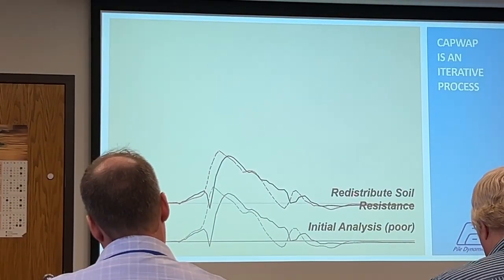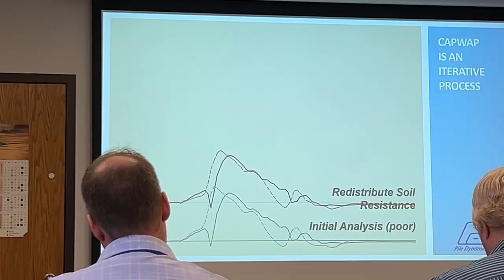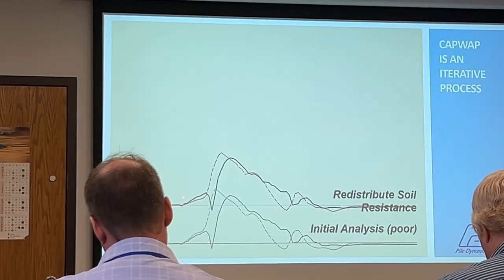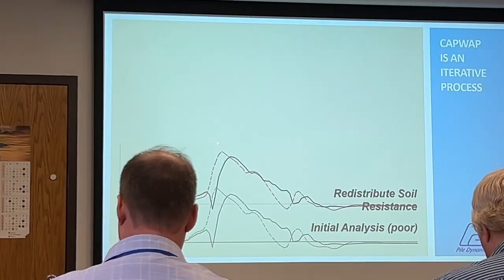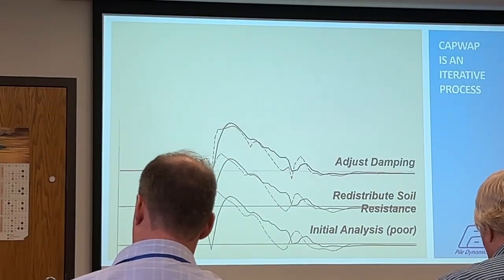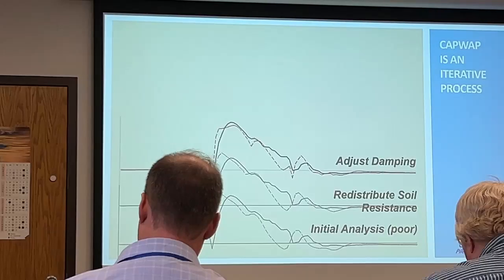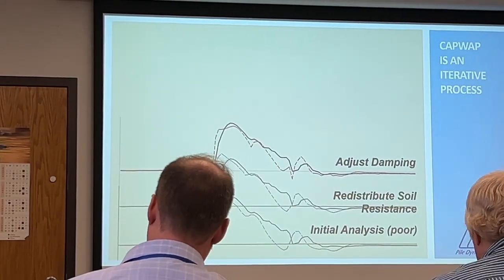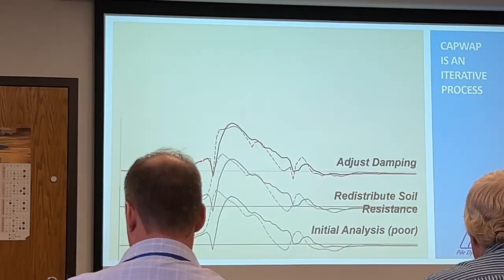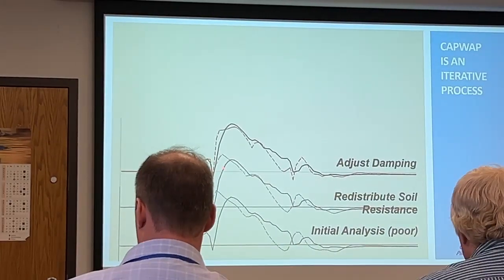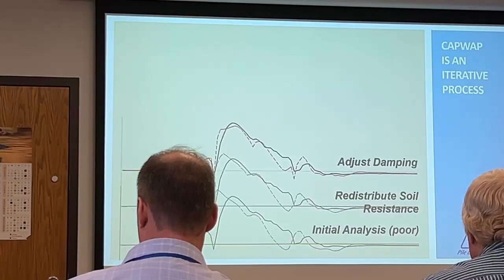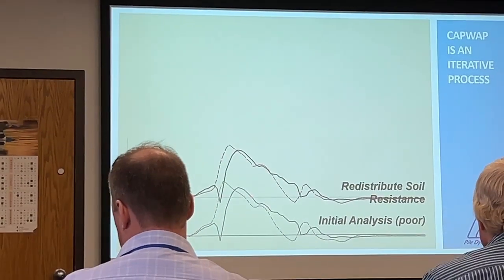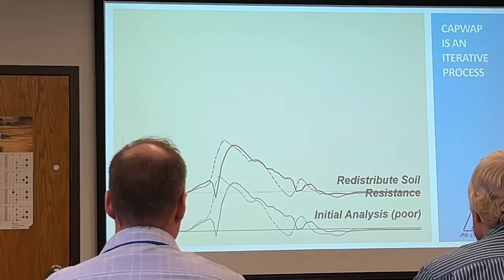So we can try to redistribute the soil resistance in our model. And when that happens, it brings down the shaft resistance a bit, it brings down the peak. We can try to adjust our, and that's a static soil resistance, by the way. When we look at this, it's showing us that here we have too much total force. So our computed curve is above our measured.